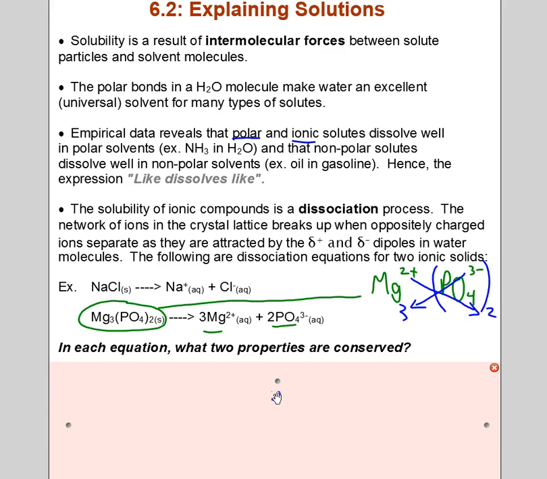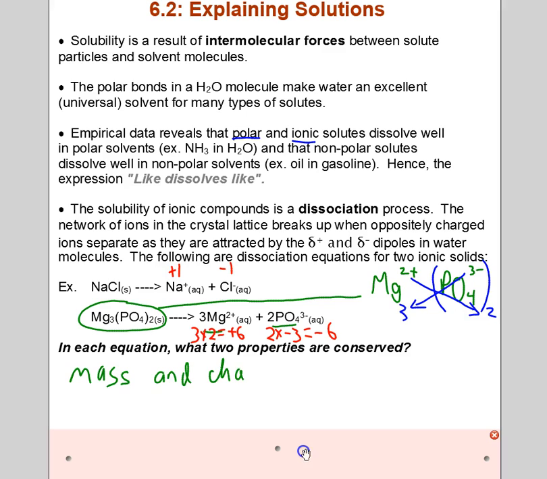And on the right side, we see the charges, but we also can clearly identify that we have as much positive and negative charge. We have +1 balanced by -1. Here we have 3 times 2 or +6 balanced by 2 times -3 or -6. So mass and charge are the two properties being conserved.